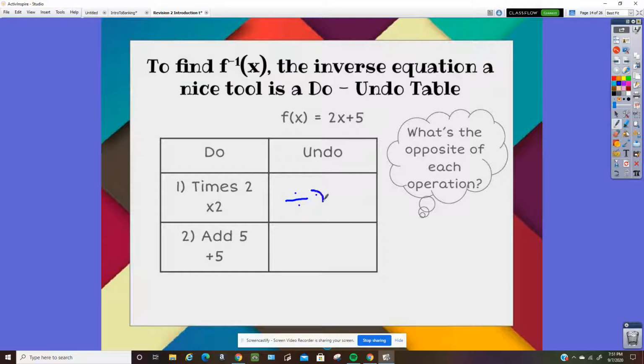Divide by 2, and then the inverse of adding 5 would be subtract 5. When we do things, we do them in order of operations, and when we undo them, we go the opposite way. So we would start here for the inverse and work your way up in the table.